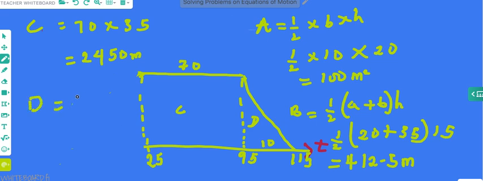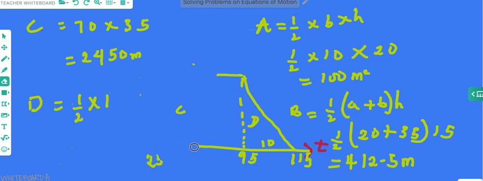Then the last one, which is D, is another triangle. Half base times height, and that is half multiplied by base. The base here is 10, then the height remains 35, which is the maximum speed.